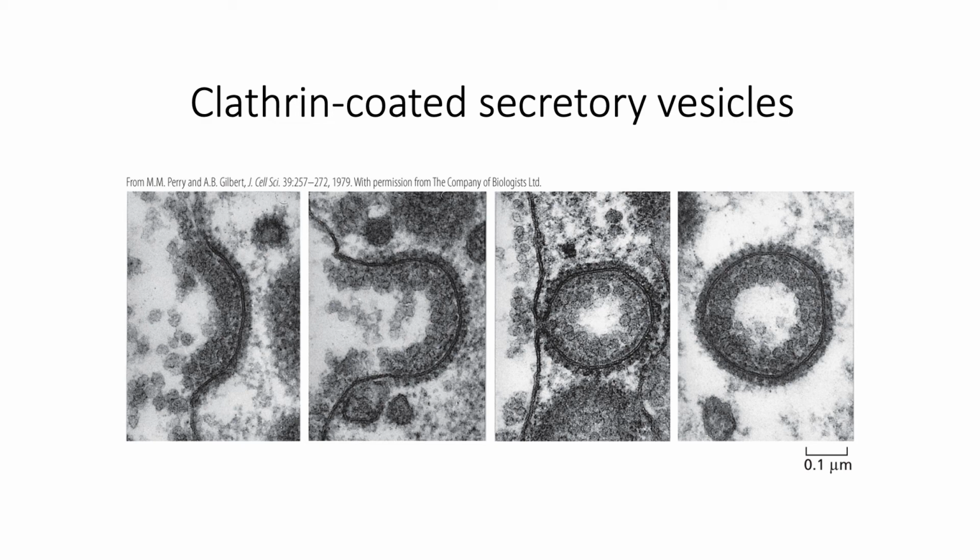It's budding off of the Golgi, and you have these proteins attached to the inner surface as well as the outer surface to help create this vesicle. So they're very well structured. And in the interior of that vesicle are the molecules, the proteins that are going to be secreted. So secretory vesicles are coated with this protein, clathrin.